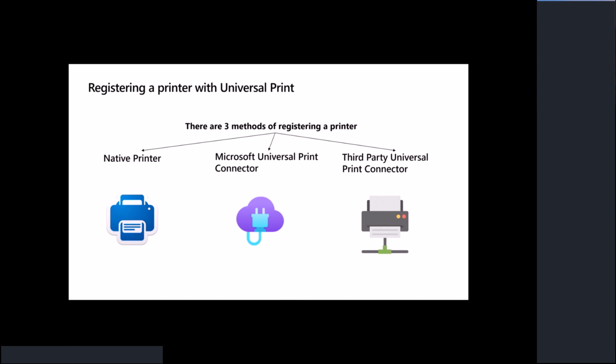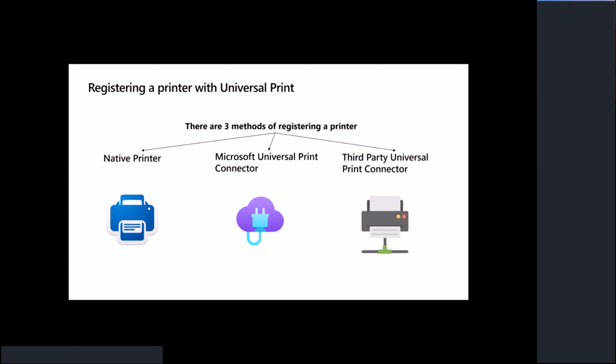If you have older printers in your environment that don't natively support Universal Print, that's where the Microsoft connector comes in, and you typically install that. You don't have to put it on a print server. You just have to put it on a system that has a local printer that points to that print device.